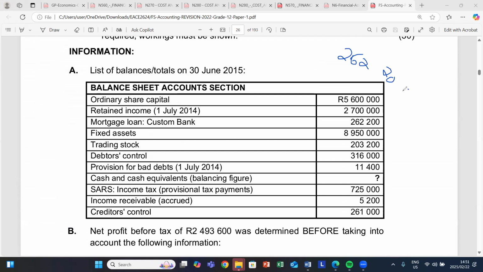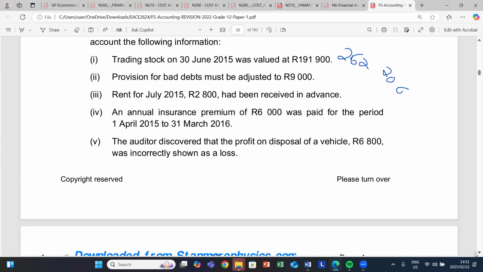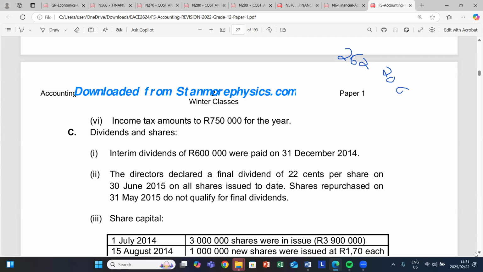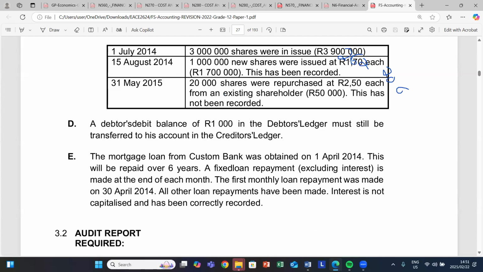Let us see our adjustments to see whether we have any transaction that talks about the mortgage loan. If you don't have any transaction about the mortgage loan, it simply means that the amount of 262,200 will be our final answer. But we do have a transaction. They are saying that the mortgage loan from Custom Bank was obtained on the 1st of April 2014.